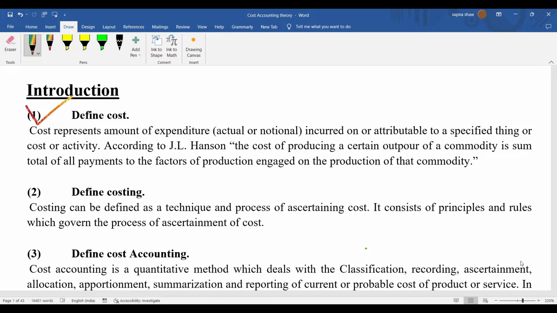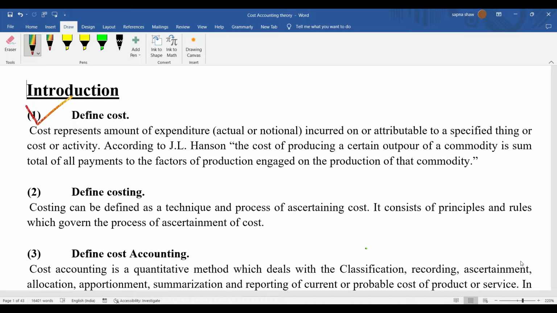Just like the same example I gave, cookies. To make the cookies, there are different resources we need. It's not like because it's cookies, you'll make them at home. When you are making it in bulk, then you need a place.